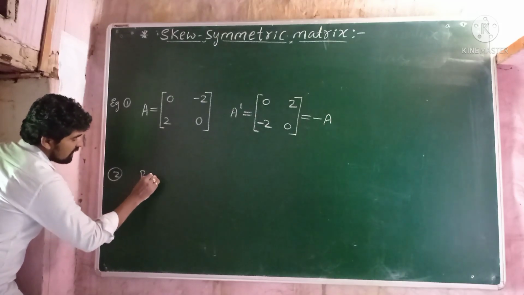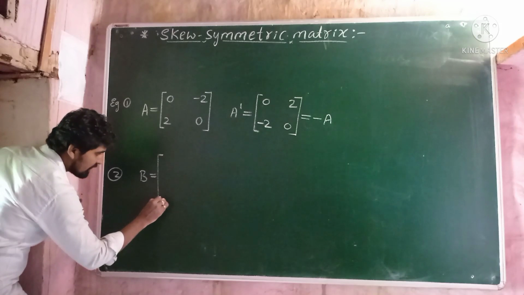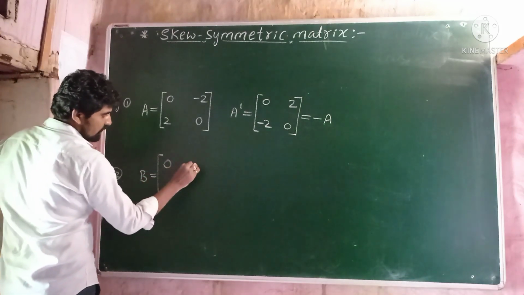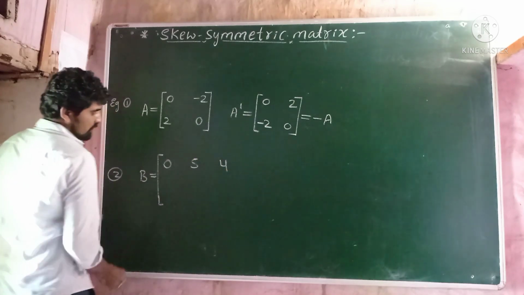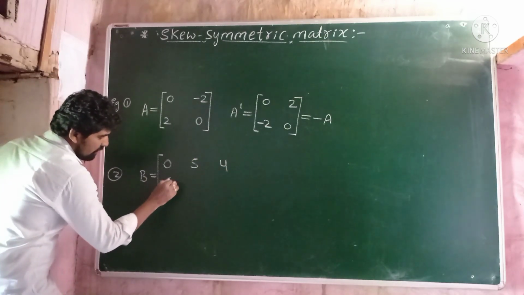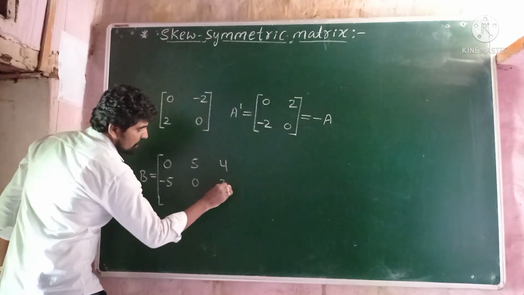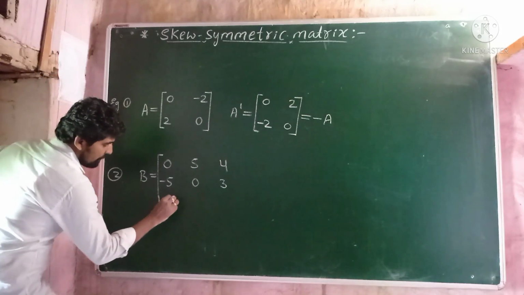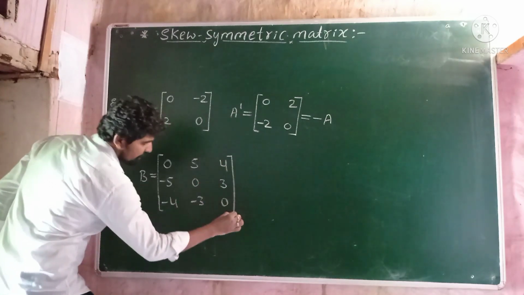Suppose B is one of the square matrix and elements of the matrix B are 0, 5, 4, -5, 0, 3, -4, -3, 0.